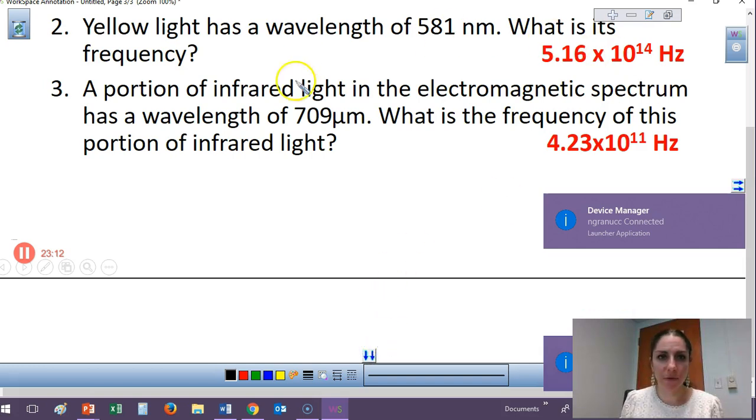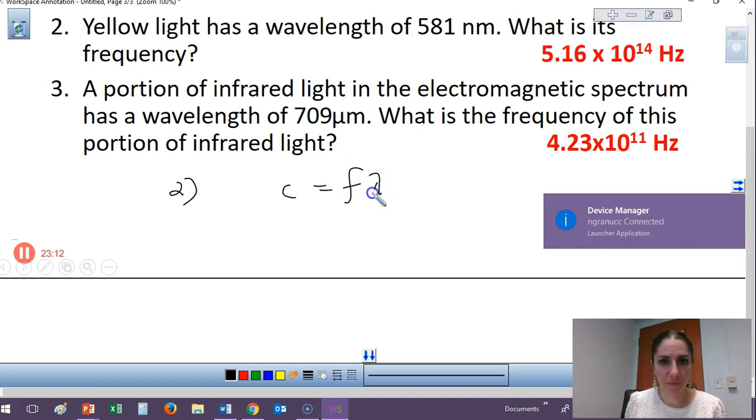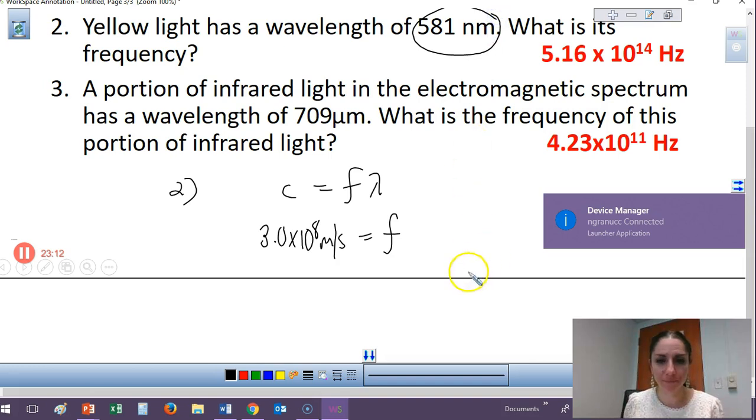I'm going to do this second question right here. So yellow light has that wavelength, what's the frequency? So for number 2, C is equal to F times wavelength. So C is 3.0 times 10 to the 8th meters per second, equals frequency, which is what we're solving for, times the wavelength. But we need the wavelength in meters, and it's in nanometers.